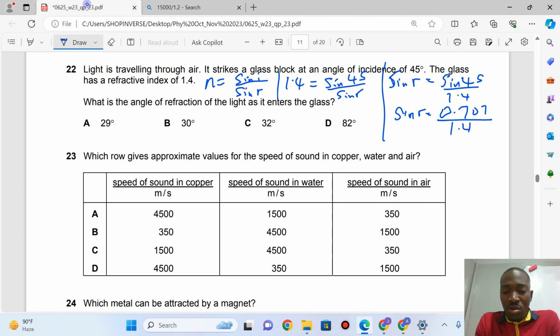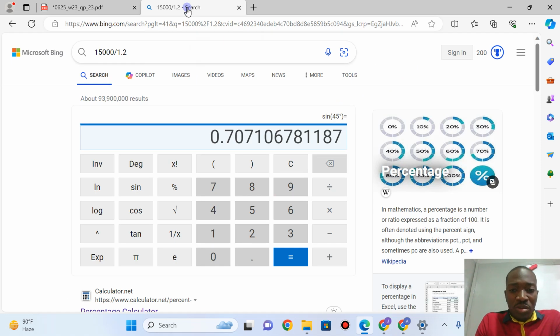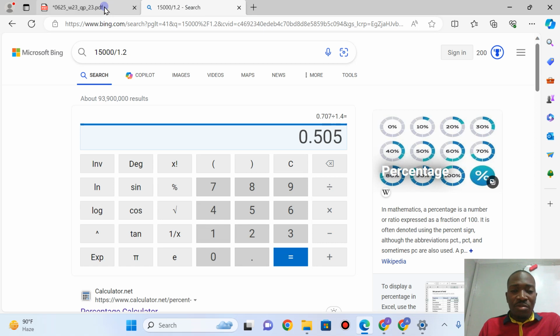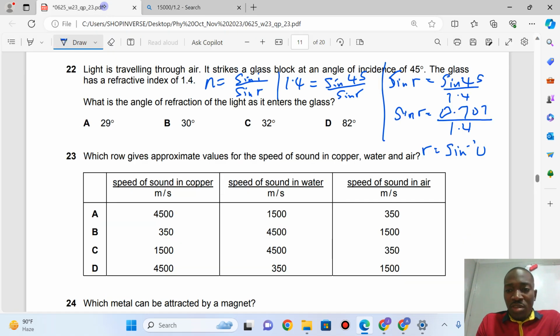We now take the ratio of 0.707 and 1.4. 0.707 divided by 1.4 gives 0.505. So sine r equals 0.505, and that's what we are doing with the calculator.